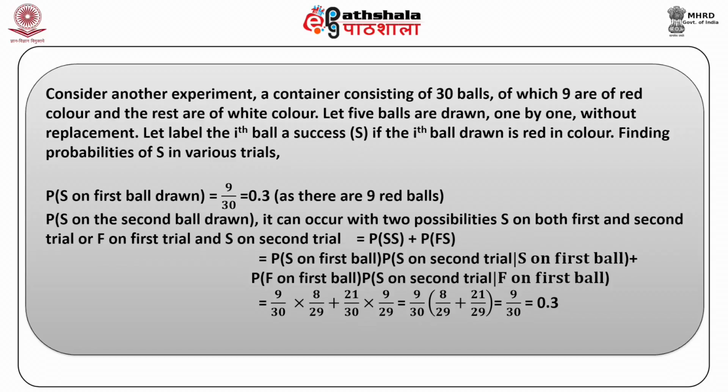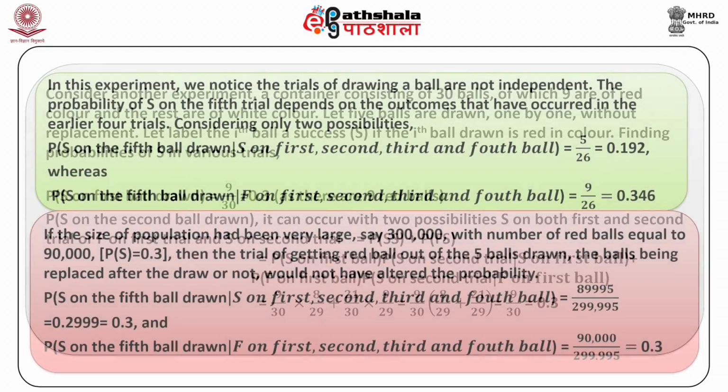Now this is equal to 9 by 30 into 8 by 29 plus 21 by 30 into 9 by 29, and this comes out to be equal to 9 upon 30 into 8 by 29 plus 21 by 29, which is equal to 9 upon 30, which is equal to 0.3.